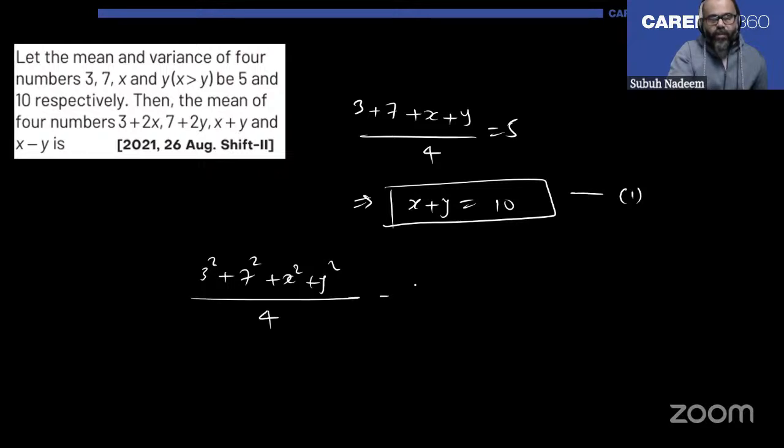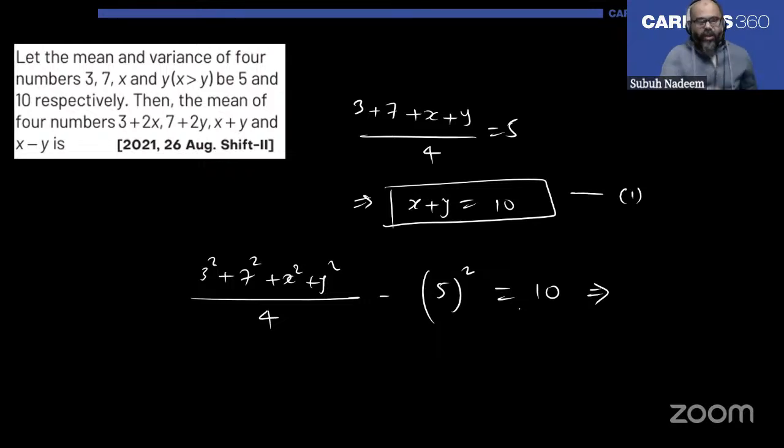This is one relation. And the variance is (3 square plus 7 square plus x square plus y square) by 4 minus the mean, which is 5, and square of this. And this variance is equal to 10. So what we get is 10 plus this will become 25. That will become 35. And 35 into 4, if we do, that will be 140. And here we have 49 plus 9, that is 58.